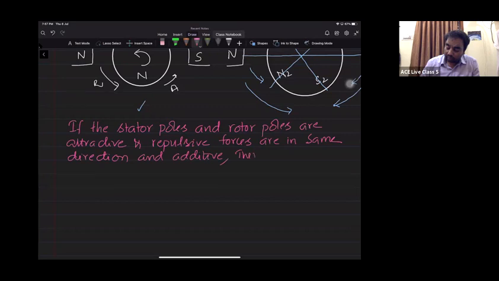Therefore, the rotating part continues to rotate in that particular direction.